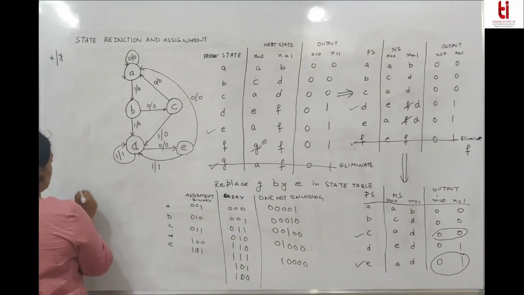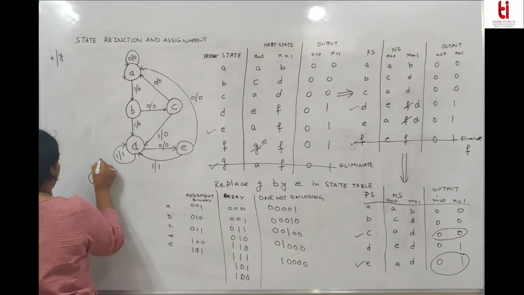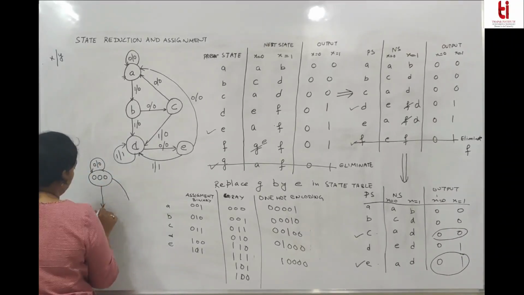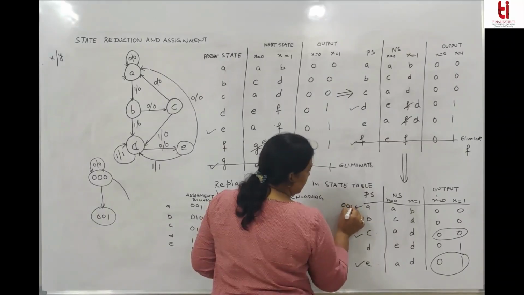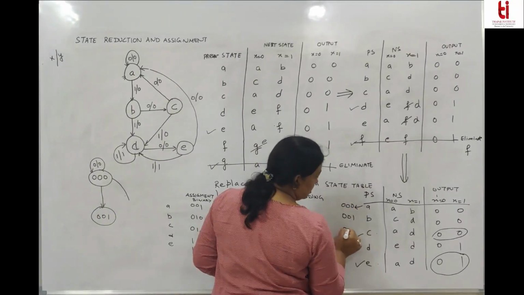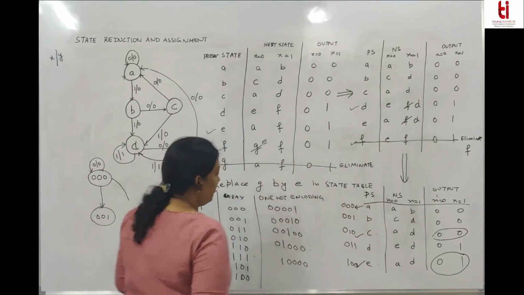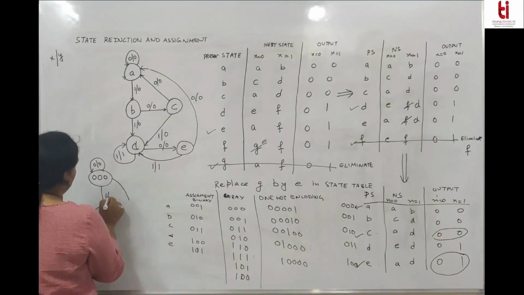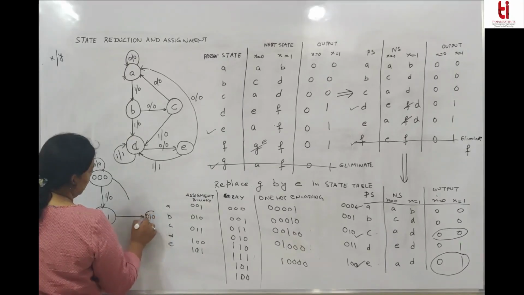And if you want to do the assignment, then I can assign a binary number. This is A. For 0, it remains within the same state. For B, let the next state be this. If I do the state assignment, let this state be 0 0 0, this is 0 0 1, this is 0 1 0 as per binary, this is 1 0. So this is 1, and from this it goes to 0 1 0.